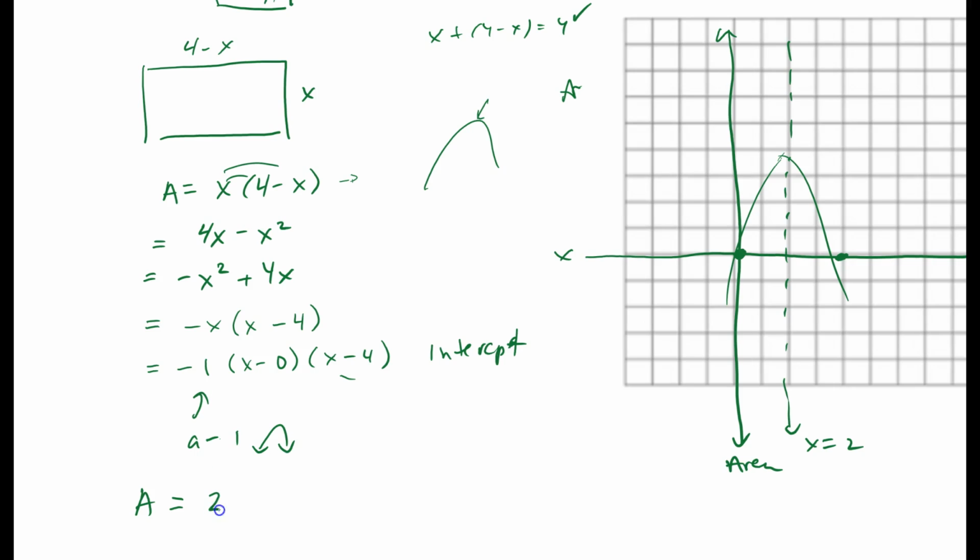If x equals 2, one side is 2, the other side is 4 minus 2, which is also 2. So 2 times 2 equals 4. The biggest area I can come up with is an area of 4, when each side equals 2. So actually it's when that rectangle is a square. But again, the idea here was to think about this problem as finding the vertex, because the vertex will give us maximum and minimum values.